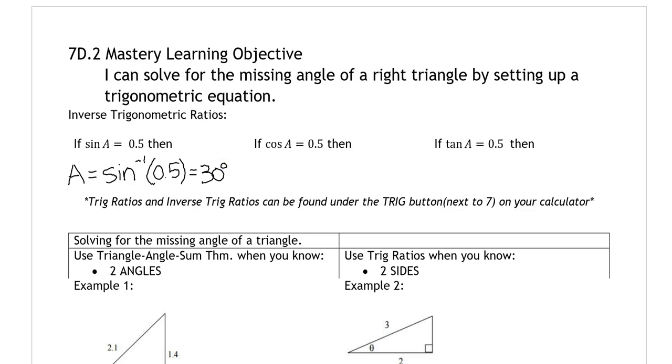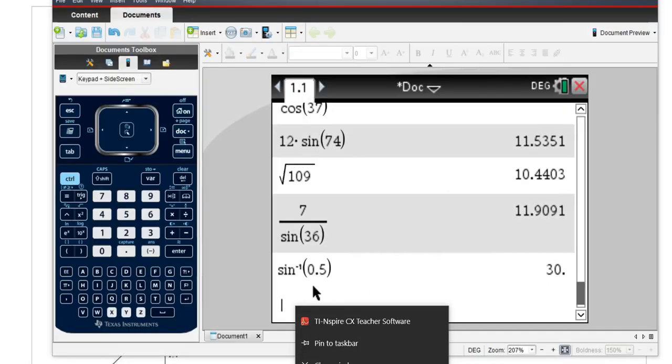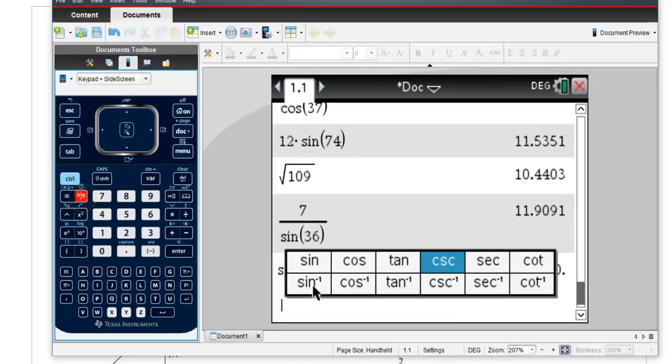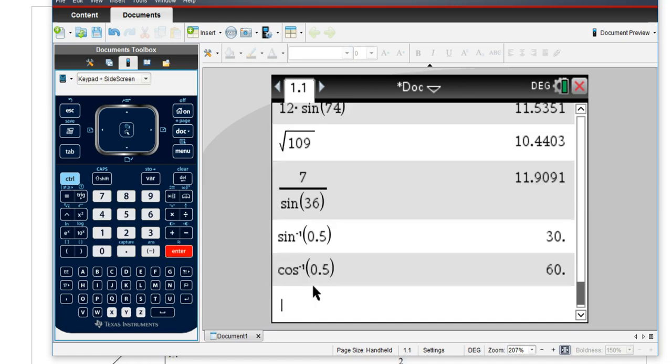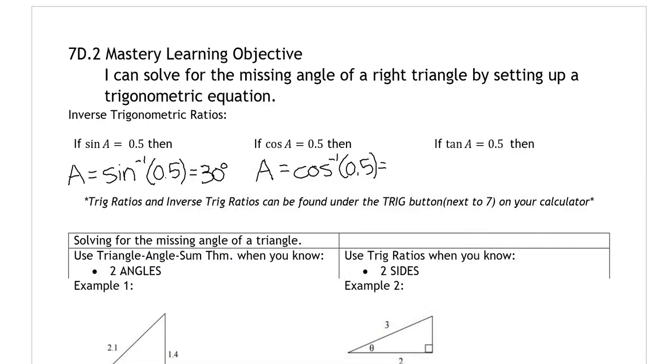Same thing for cosine A. If cosine of A equals 0.5, then A equals the inverse cosine of 0.5. Same place on the calculator. Inverse cosine of 0.5, I get 60 degrees.